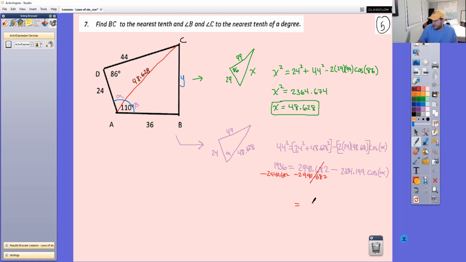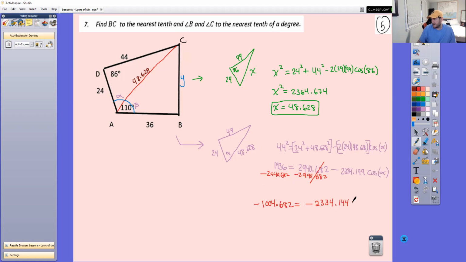So now whatever this is will be equal to negative 2334.1. Those are fours, right? Yeah, 144. My writing tablet just keeps connecting the tops. All right, so what's 1936 minus that thing? 2940.682. And I am rounding off because I just don't care. Negative 1004.682.